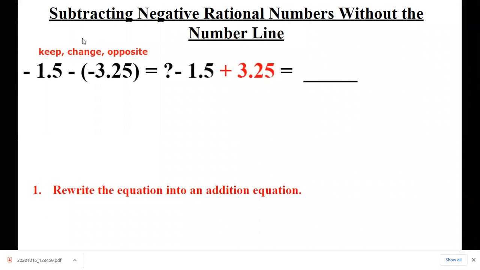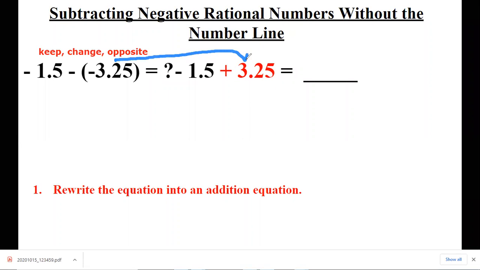So negative 1.5 stays the same. This becomes an addition equation. And we change negative 3.25 to positive 3.25. So now what I have is a negative number and a positive number. What do we know about adding a negative number and a positive number?